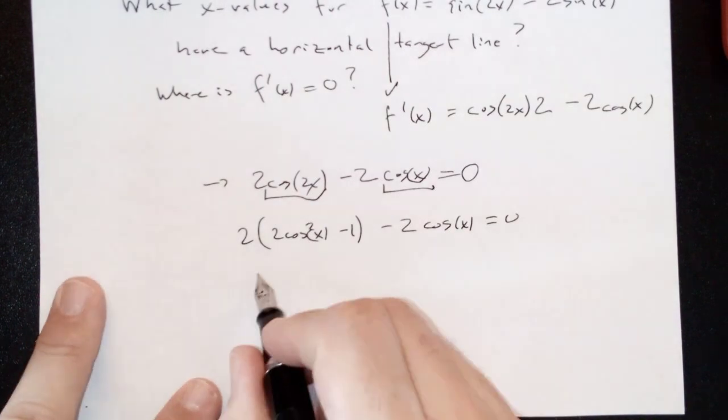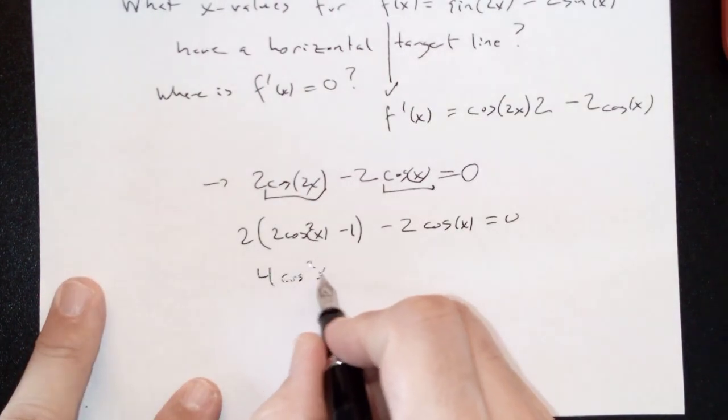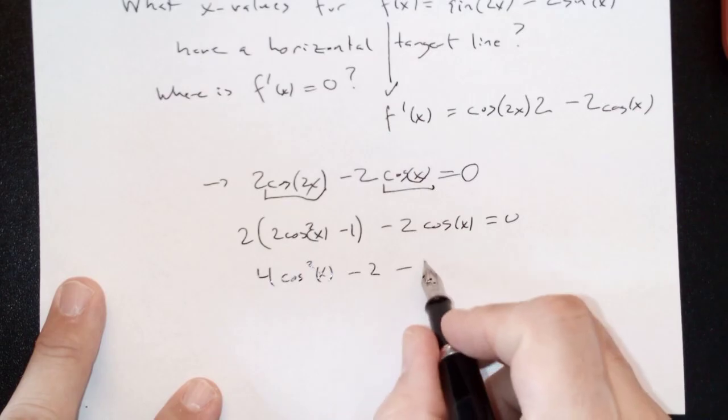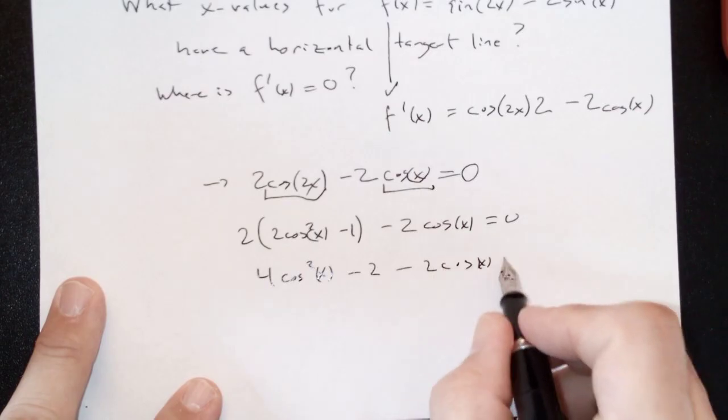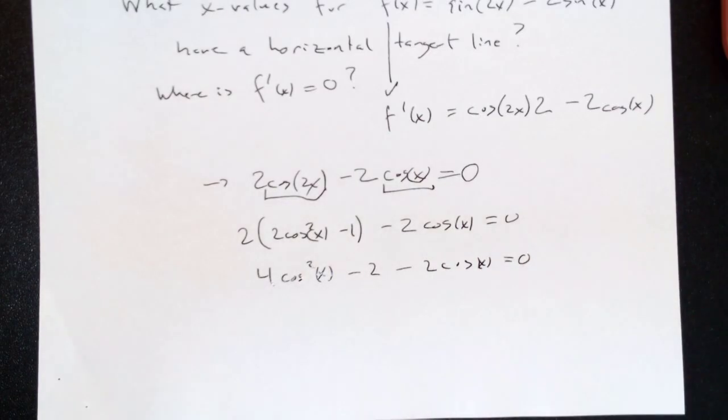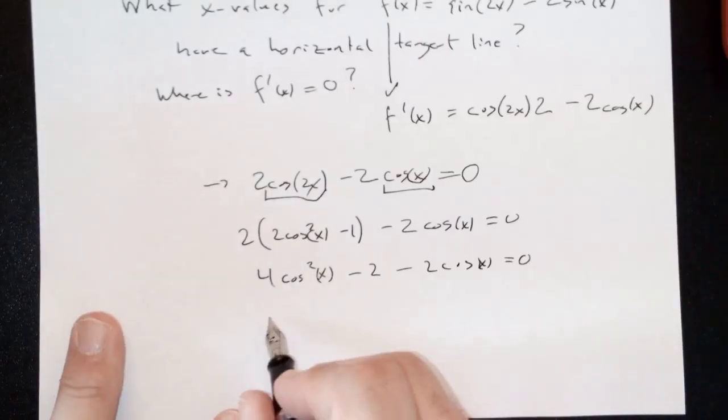That gives me 4 cosine squared x minus 2 cosine x equals 0. Everything's got a multiple of 2 in front of it. I'm going to divide by 2.